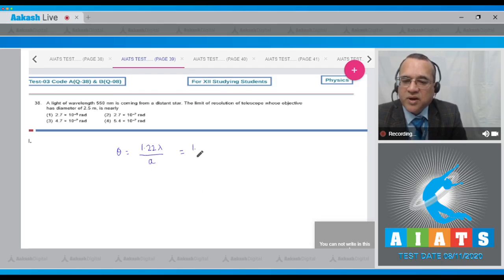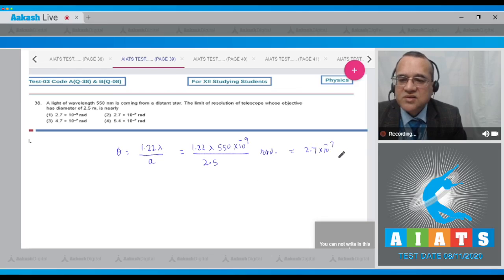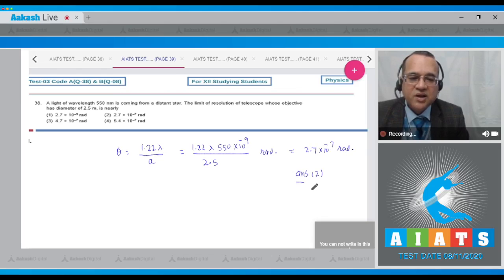Now 1.22, lambda is given as 550 into 10 to the power minus 9, divided by 2.5. In radian, this is equal to 2.7 into 10 to the power minus 7 radian. So option number 2 is the correct option.